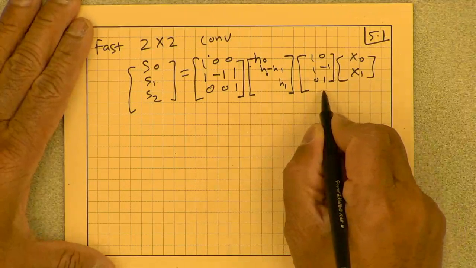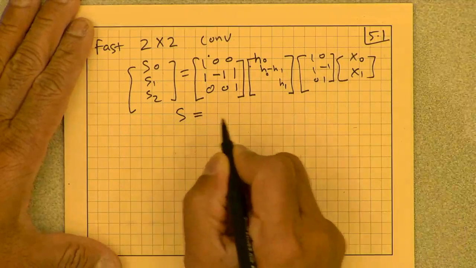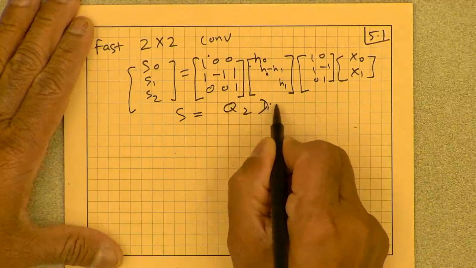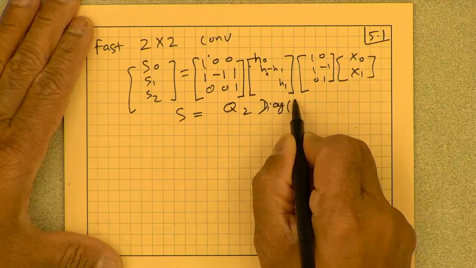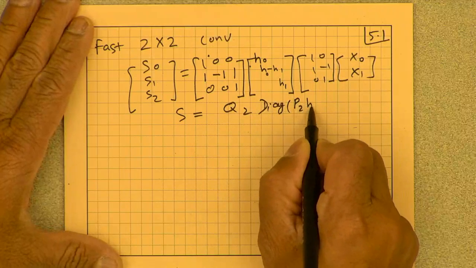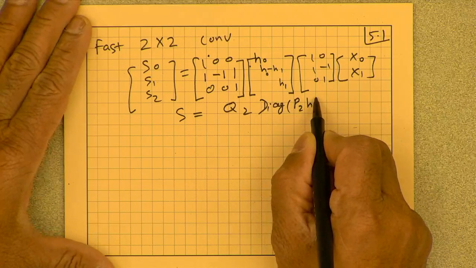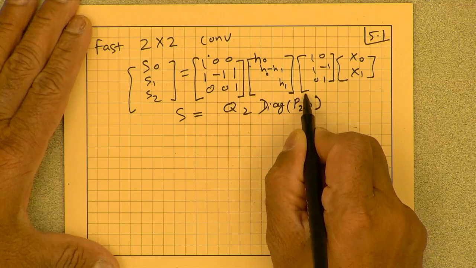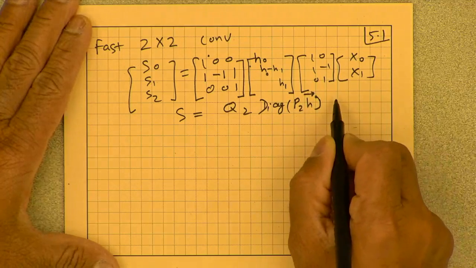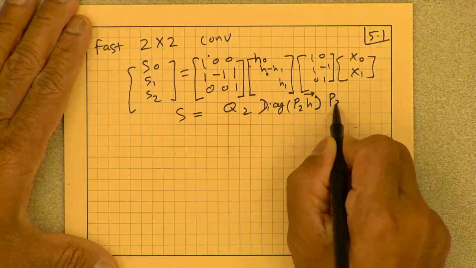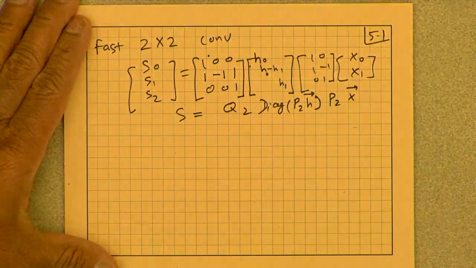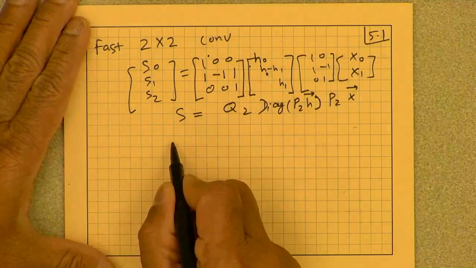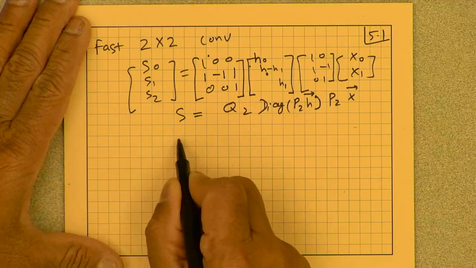So we can write this as S equal to Q2 times diagonal of H times P2 times the X vector. I can also describe this by a signal flow graph.